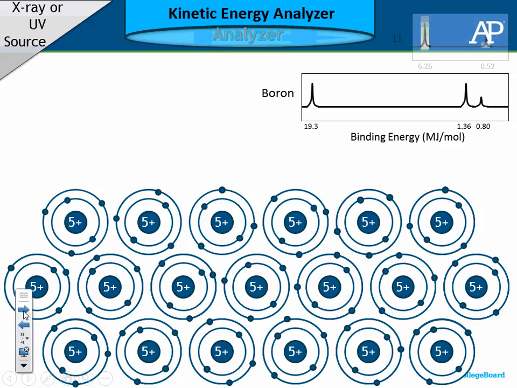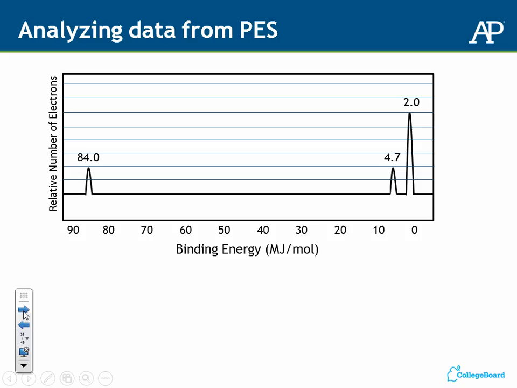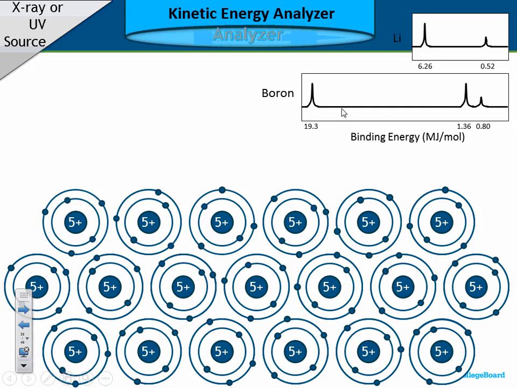The 19.3 would correspond with the 1s sublevel with 2 electrons. Notice the height does not change as we go to the 1.36 binding energy. That would be the 2s with 2 electrons.